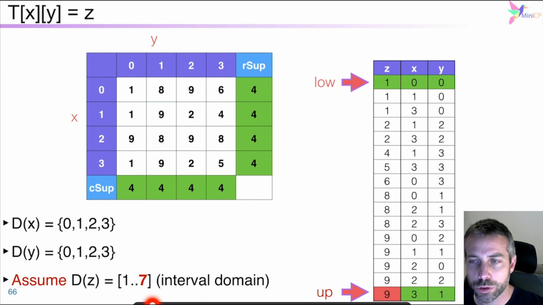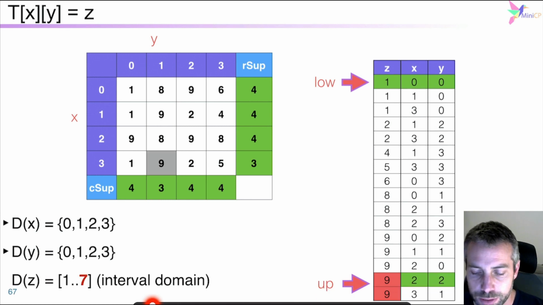I will also have two pointers, the low and the up pointers, that tell me that all the entries between the two are considered as still valid possibilities for the table, for the element constraint. Now that the maximum has been updated to 7, you see that the 9 there is not a solution anymore. Therefore, I have colored this cell in red to say that it's not valid. So I need to update my up pointer, and I will decrease it by 1, and it will become this one.